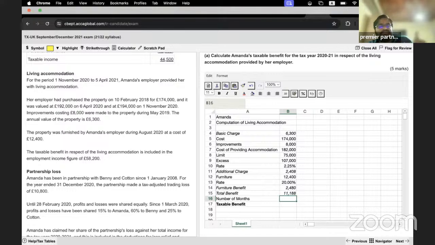So that means November, December, January, February, March. Only 5 months the benefit has been given. So we need to time apportion. So this divided by 12 into 5. 4,661 would be the total taxable benefit. Are we good?